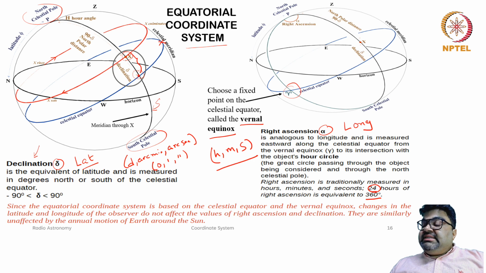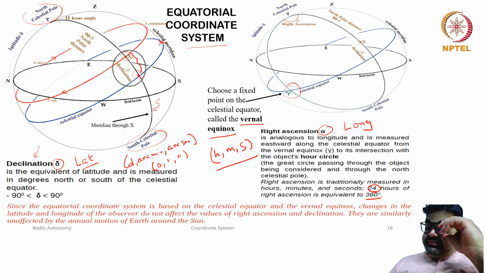The reference point is the vernal equinox point, from where the sun starts moving along the ecliptic towards north. That position where it intercepts the celestial equator, that position is treated as the reference. So when the meridian is passing through that vernal equinox point, it's known as the 0 hour line. As it moves eastwards, the RA goes from 0 to 1, 2, 3, 4. Like this, it covers the entire sphere and comes back to 24 hours.